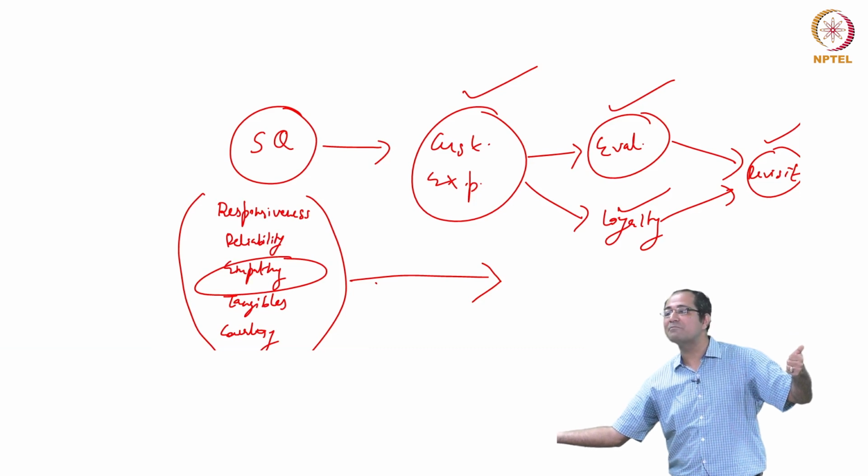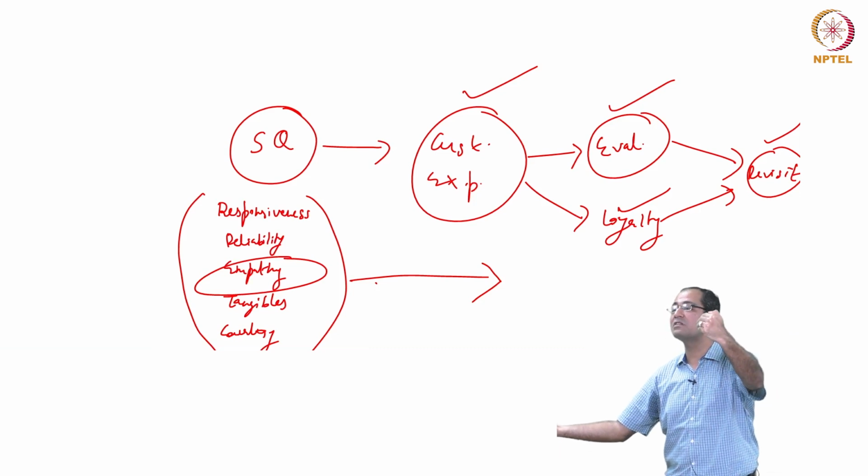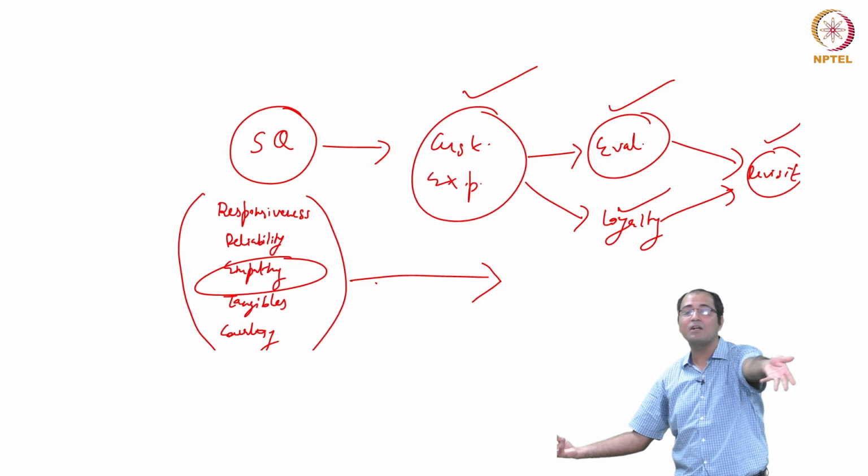But if loyalty is something else, loyalty is the feeling of affection with the brand, plus how many times the person refers that brand to a friend, plus how many times the customer buys that brand repeatedly. That is another definition of loyalty.